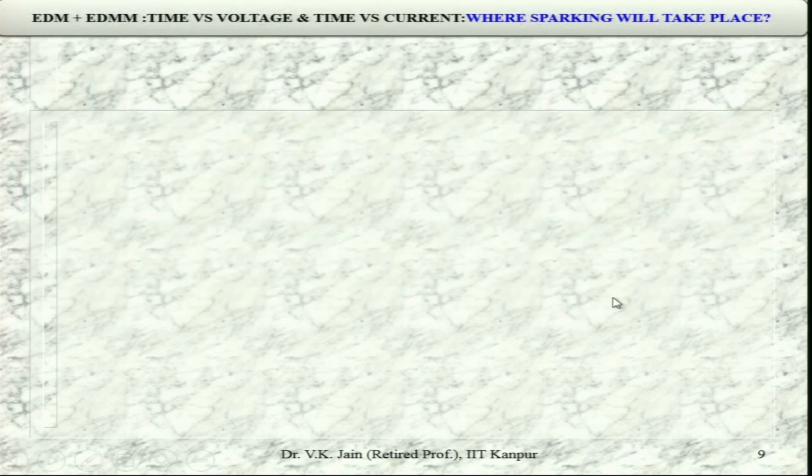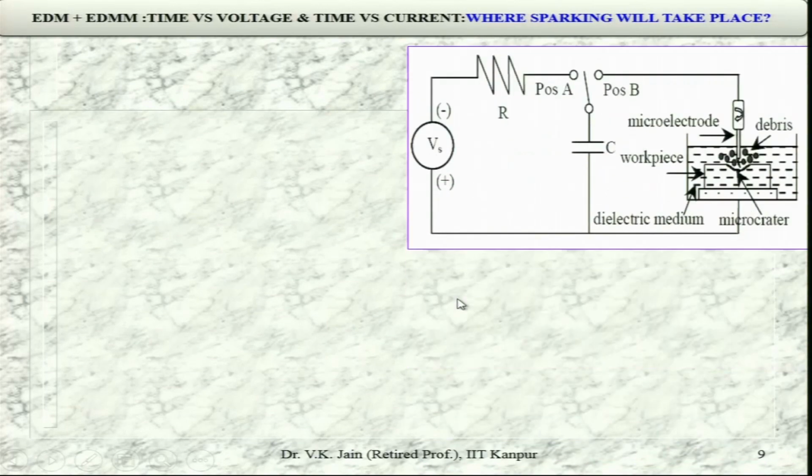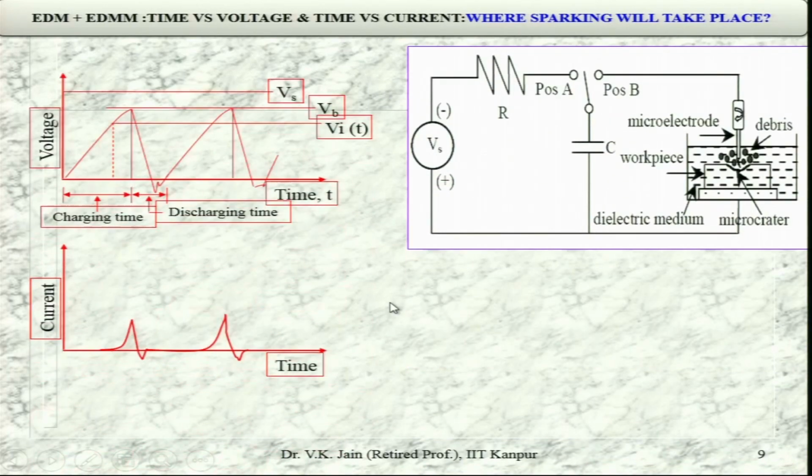EDM and EDMM, time versus voltage, time versus current, where sparking will take place. This is a circuit that we have just seen already. Here you can see this is the voltage, this is the time, and this is the building up voltage. This is the supply voltage line, and this is the breakdown voltage. As soon as the voltage reaches the breakdown voltage, sparking takes place, and this is the discharging area.